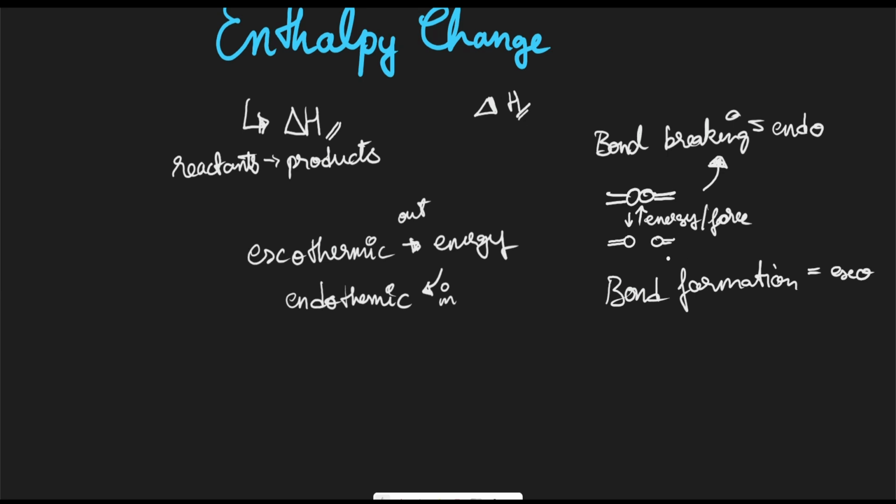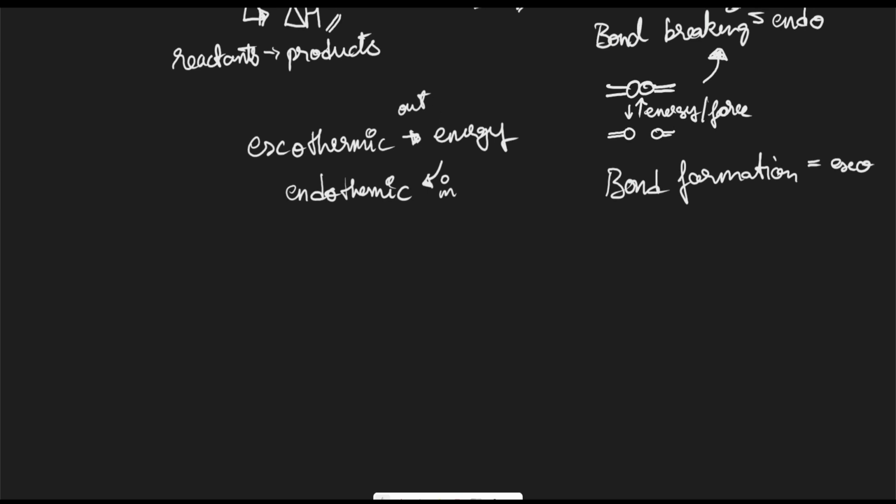Because in bond forming, you're putting your hands closer together. Whatever energy was in the space between your hands is given out. It goes out. So bond formation is exothermic in nature, energy is given out, and bond breaking is endothermic. This is a key concept to know.